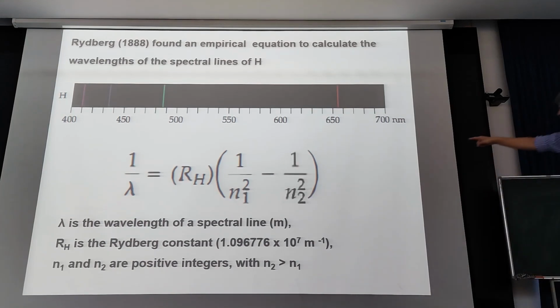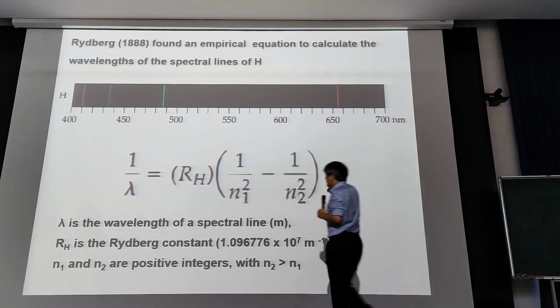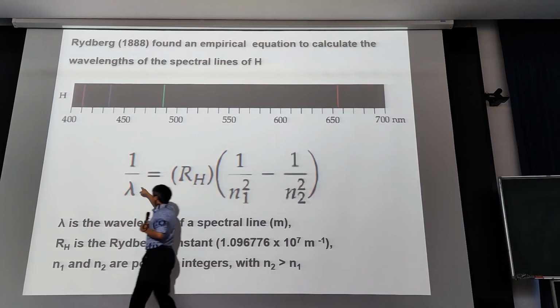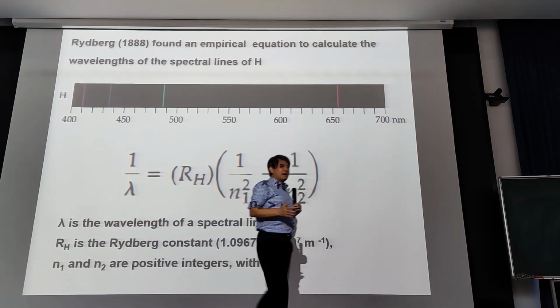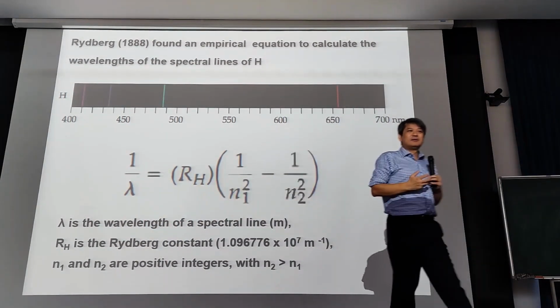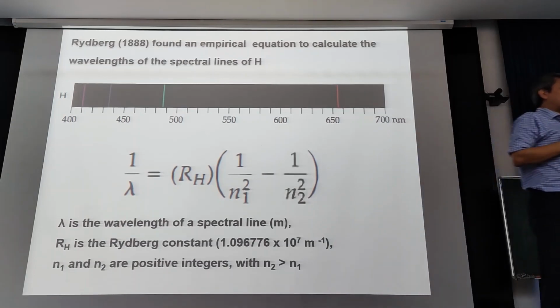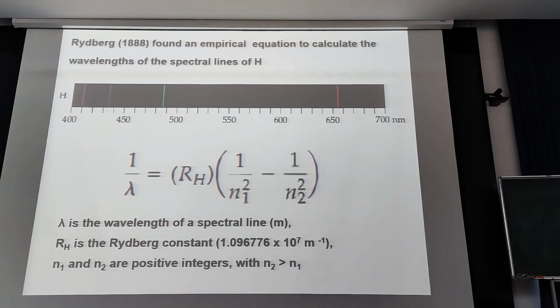And if you put any value of N1 and N2 here, you will have the emission lambda of the hydrogen. And with this very simple formula, Rydberg can describe precisely the emission spectrum of hydrogen, matching perfectly with the experimental measurement.